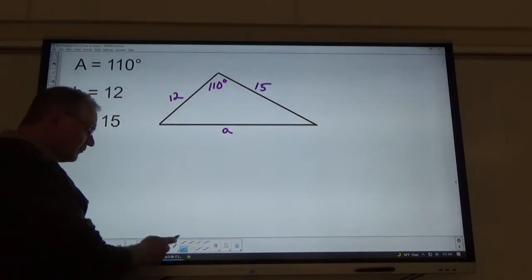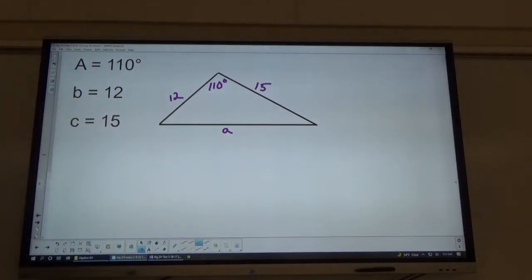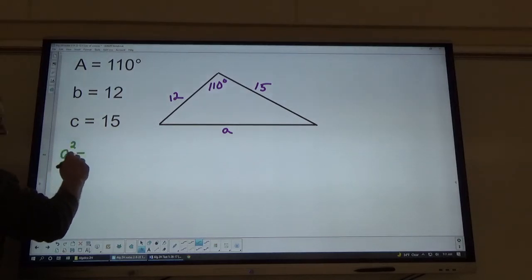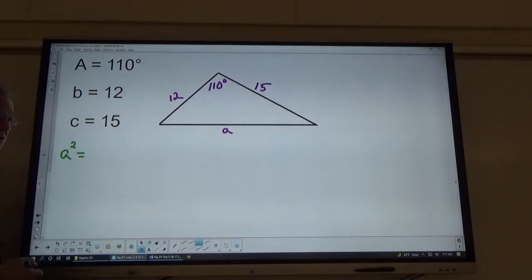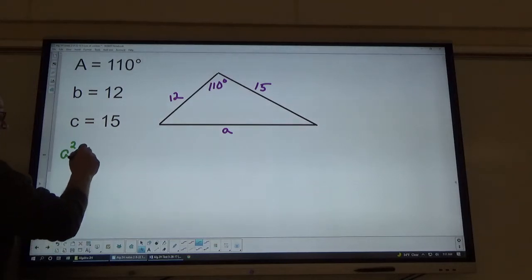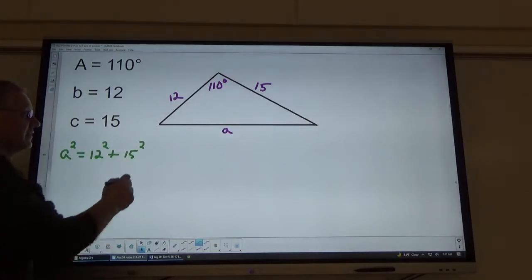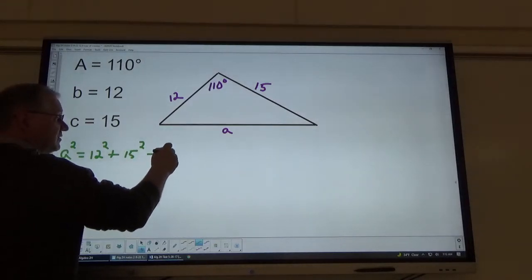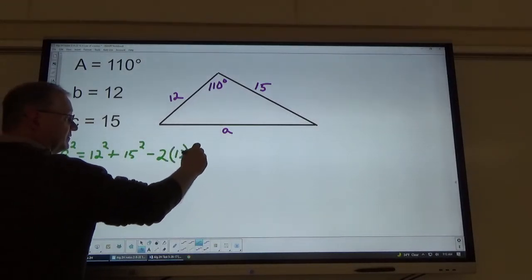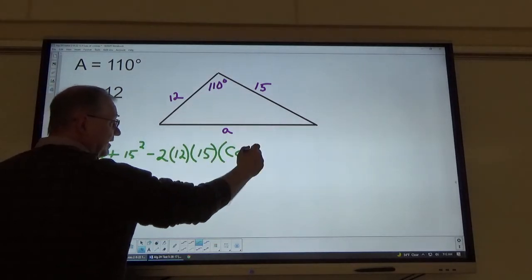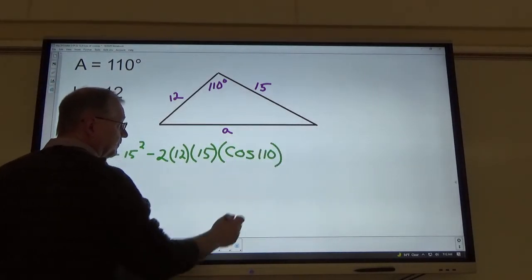So I don't really need the labels, as we saw before, to write out my equation. Side A squared equals 12 squared plus 15 squared minus 2 times 12 times 15 cosine of angle A, which is 110.